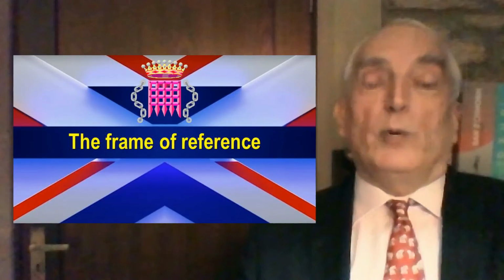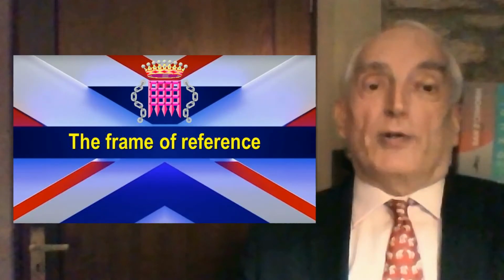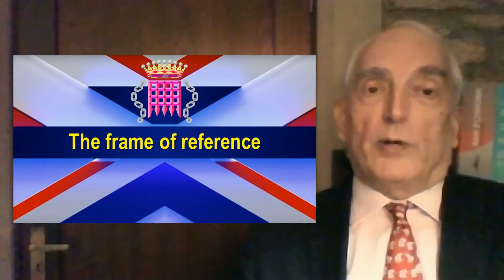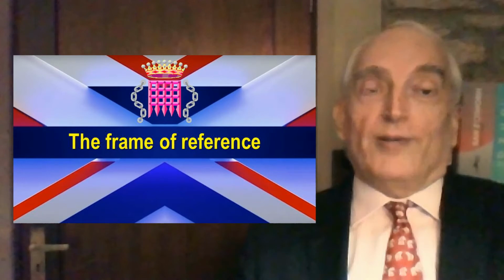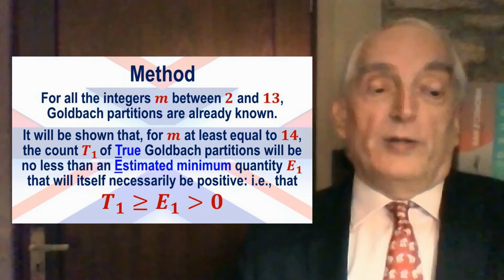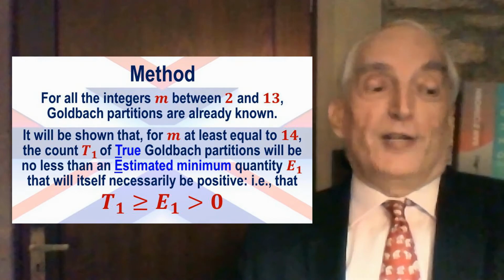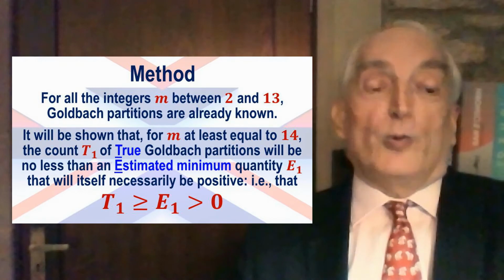We begin with the frame of reference, the box of constraints within which we shall deploy what I hope you will agree is a formal proof of the binary Goldbach conjecture. First, the method that we're going to use. For all the integers m between 2 and 13, Goldbach partitions are already known.